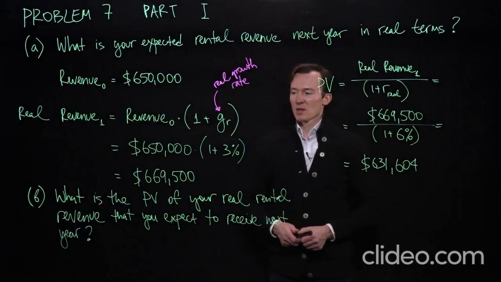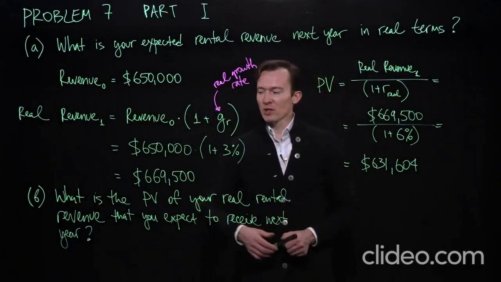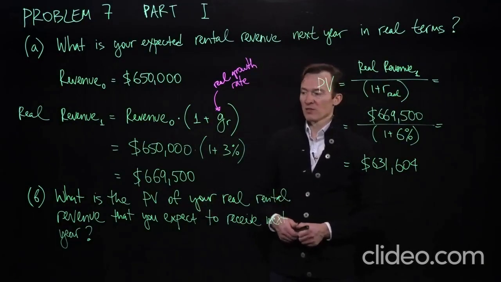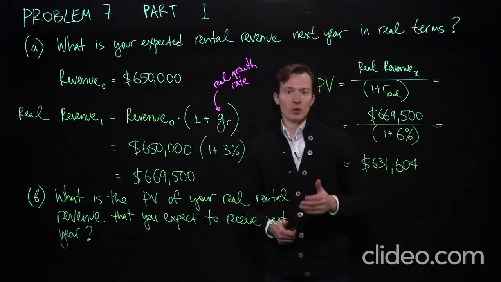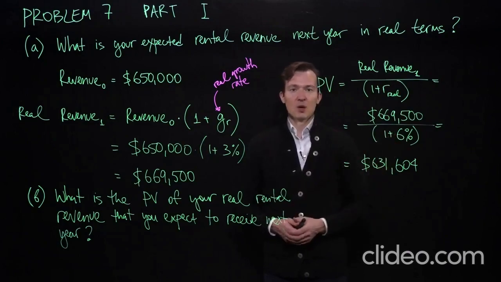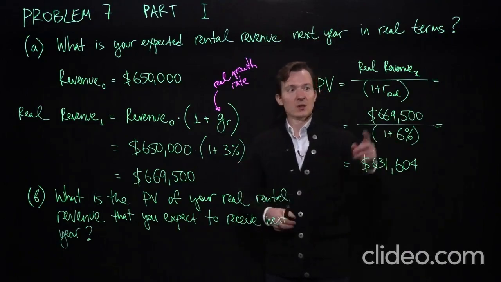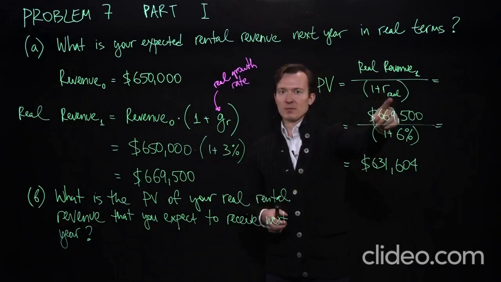$669,500. The next question asks, what is the present value of your real rental revenue that you expect to receive next year? To find the present value of real revenue that we expect to get next year, we have to discount it to present at the real discount rate.